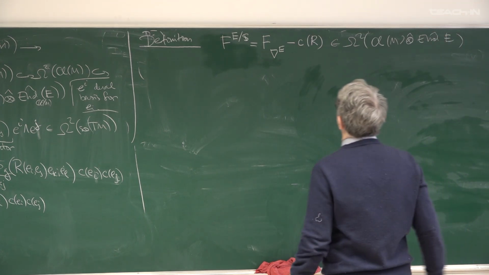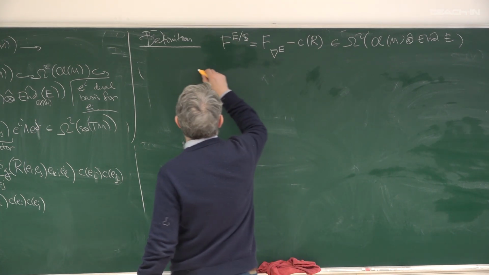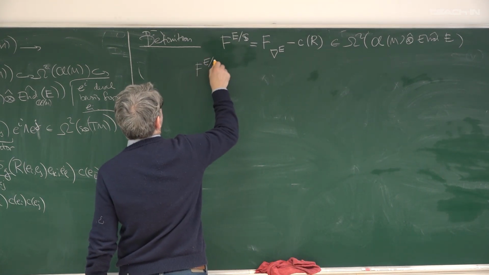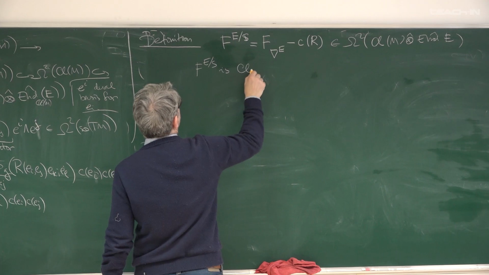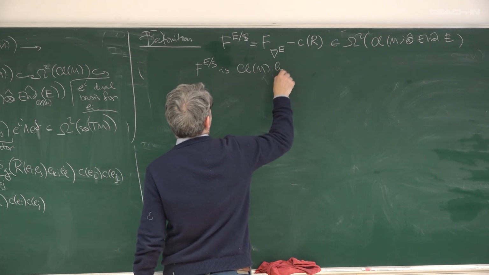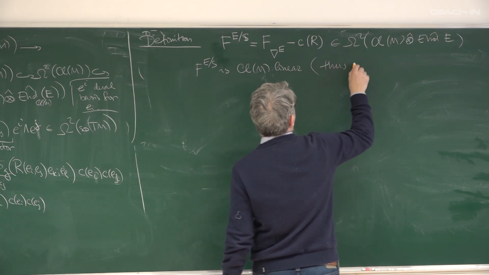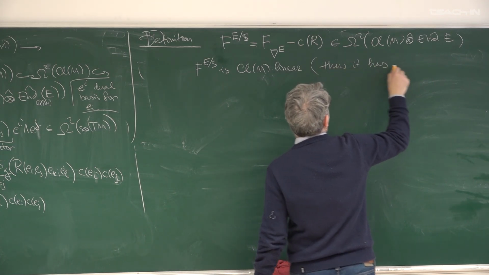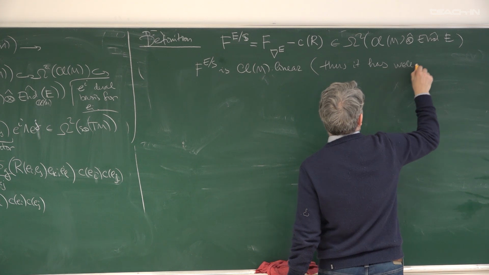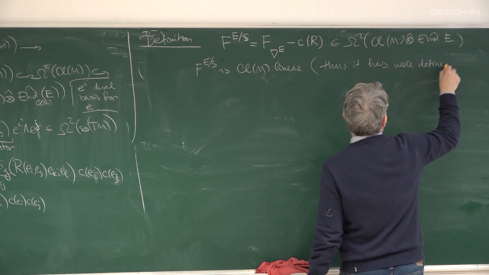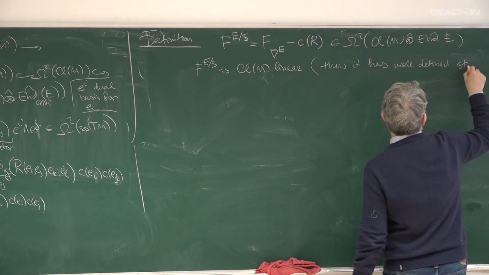And what is important here, F E/S is Clifford linear. Thus it has a well-defined relative supertrace.